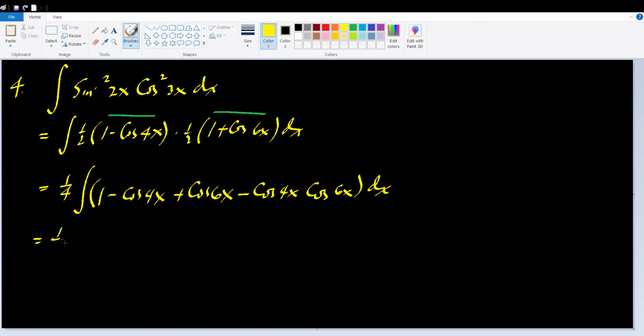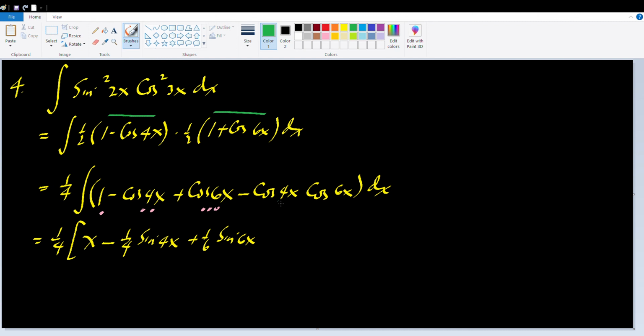Continuing, we have 1/4. Then we can now integrate the first three terms. And what do we get? The integral of dx, of course, is x, minus the integral of cosine 4x is 1/4 sine of 4x, plus cosine 6x, that is 1 over 6 sine of 6x.